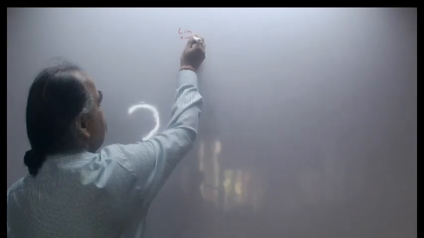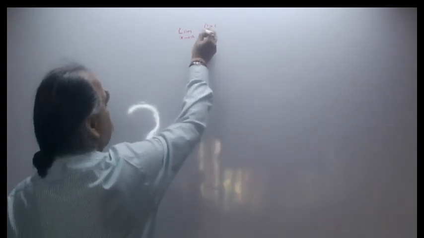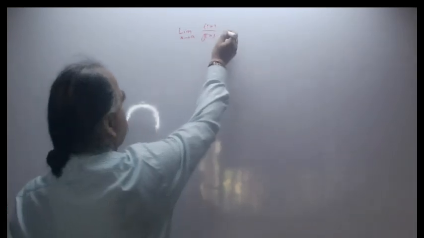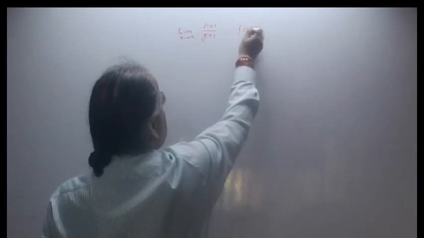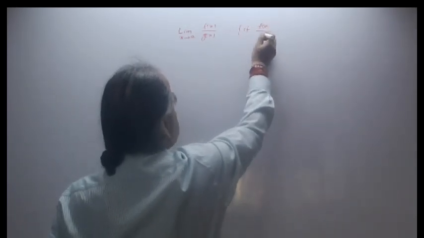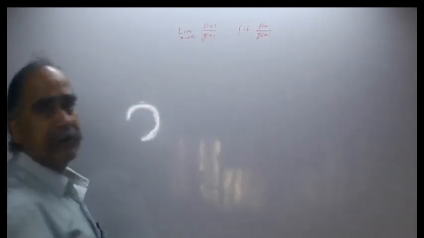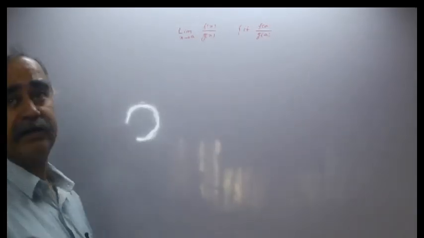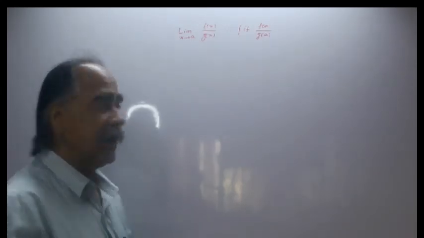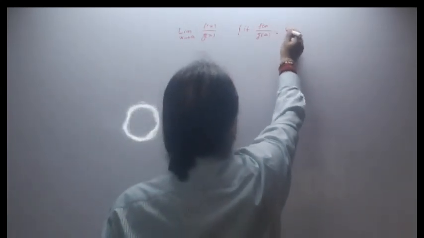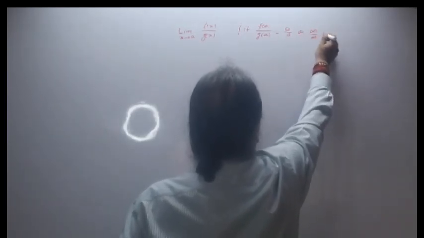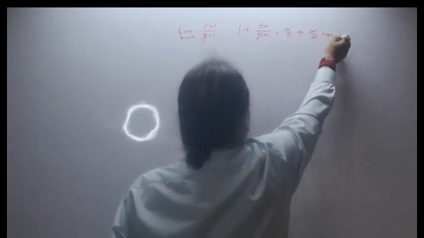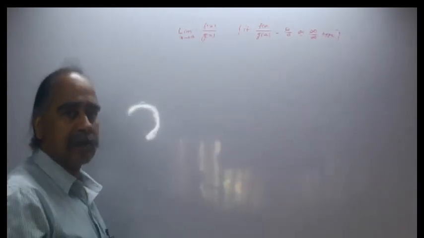Whenever we are finding limit x tends to a of f(x) upon g(x), and if we replace the value x equals a in both numerator and denominator and it becomes 0 by 0 type or infinity upon infinity type, then we can apply L'Hopital rule.